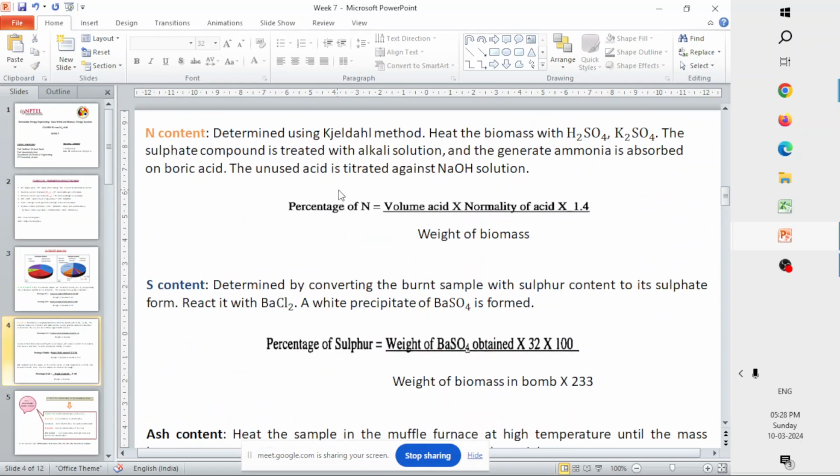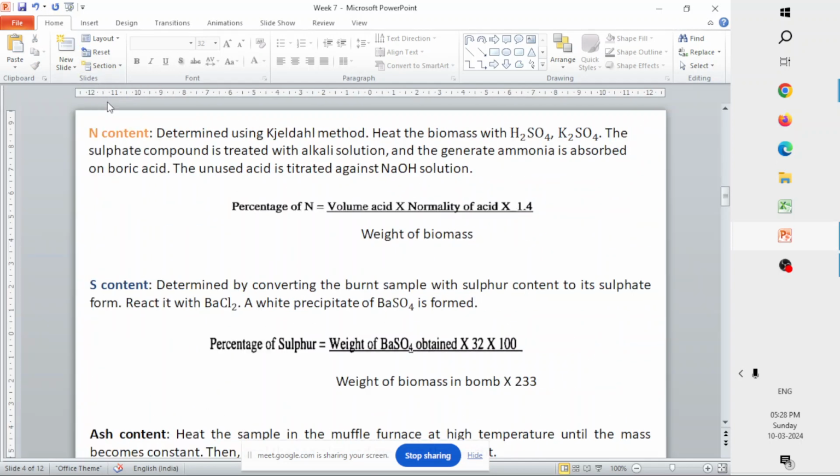Similarly, we move on to nitrogen content, sulfur content and ash content. For nitrogen content, we do not use the kind of method we use for carbon and hydrogen. Here the percentage of nitrogen is determined by a method called the Kjeldahl method. You take your biomass sample and heat it in the presence of H2SO4 acid as well as K2SO4.